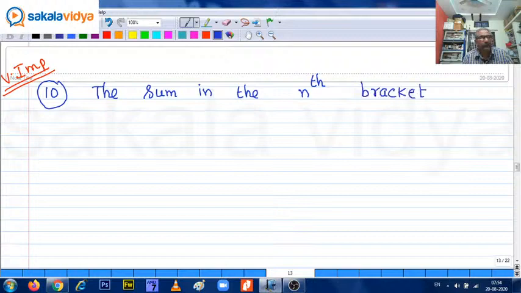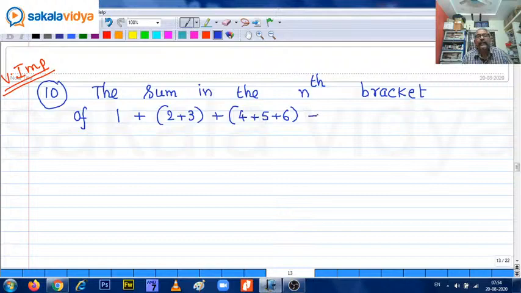The nth bracket of 1 plus 2 plus 3 in the first bracket, plus the next is 4 plus 5 plus 6, and so on. So you remember that the sum in the nth bracket is n times n square plus 1 by 2.